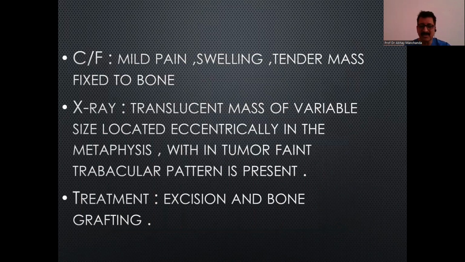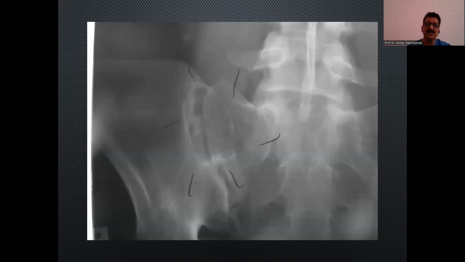The treatment is very typical. You have to excise it and do a bone grafting. This is an X-ray of pelvis showing ilium bone along with the sacrum. Now we can see in this X-ray there is a lytic lesion on the ala of sacrum and adjoining part of the ilium.